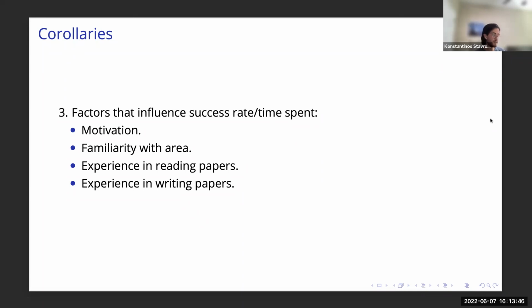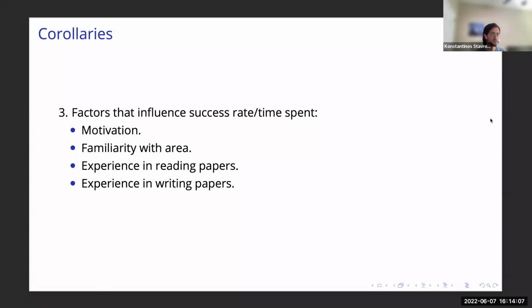If you have a way to spend the energy in reading the paper in a good and efficient way, then even the time that is needed is decreased.